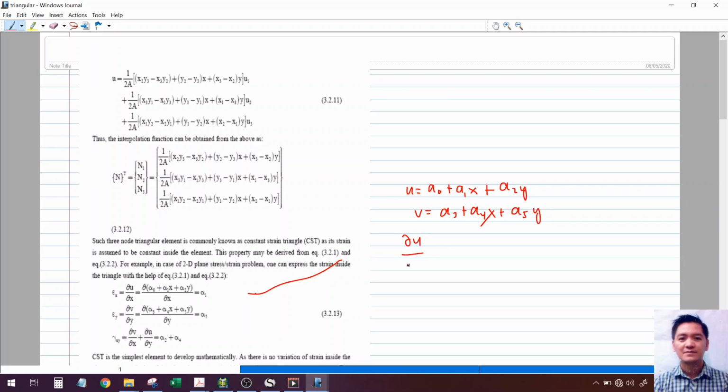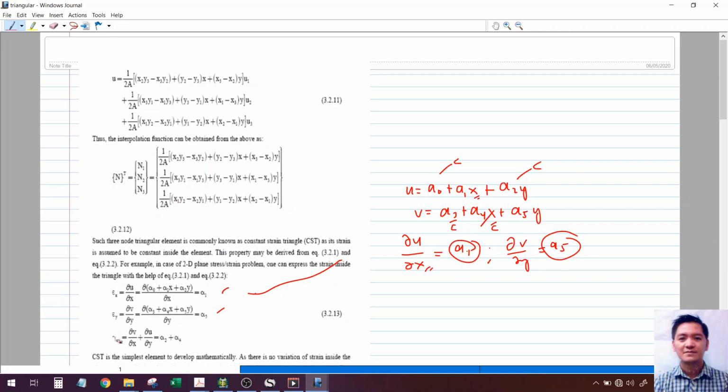So, du dx equals, so x is the variable, so a1. This is our constant, no? Constant. Okay, while dv dy, okay, constant. So, alpha 5. Okay, which is this. Okay.